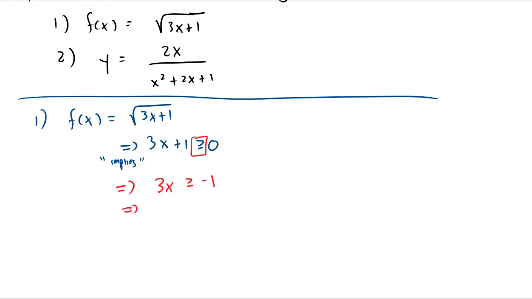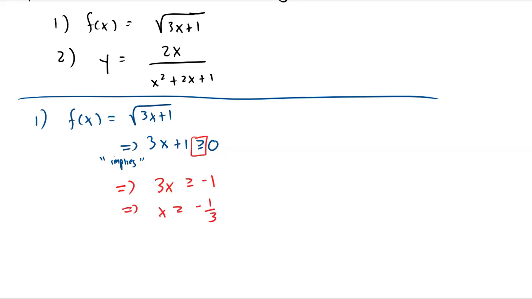Then I'm going to divide by 3 on both sides. So I get that x is greater than or equal to -1/3. And that's the only other thing you have to remember with inequalities and equalities: anything you do to one side, you have to do to the other side. Okay, so this is telling us that the only x values that work are those for which x is greater than or equal to -1/3.